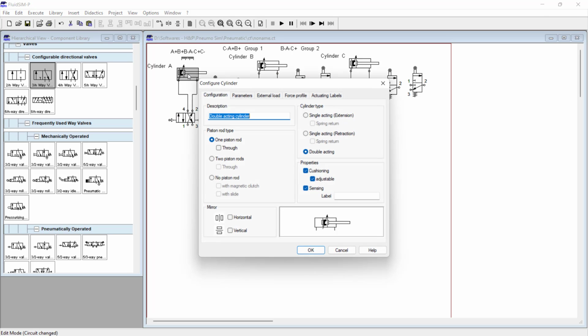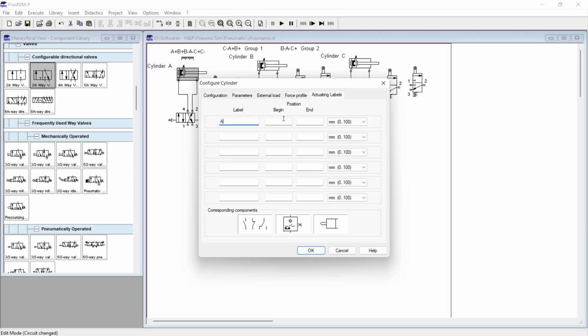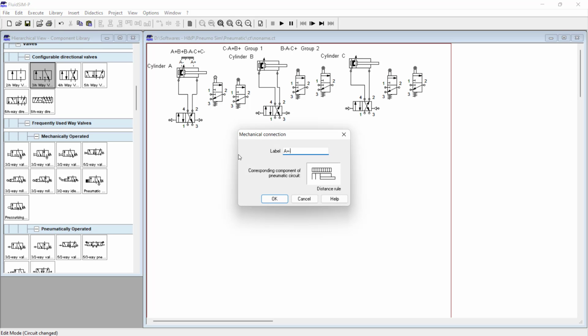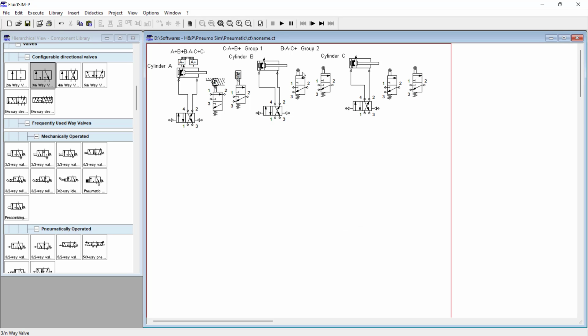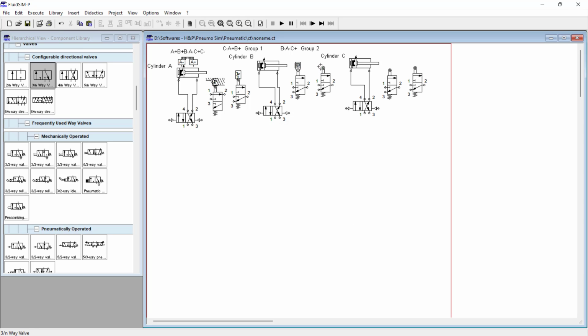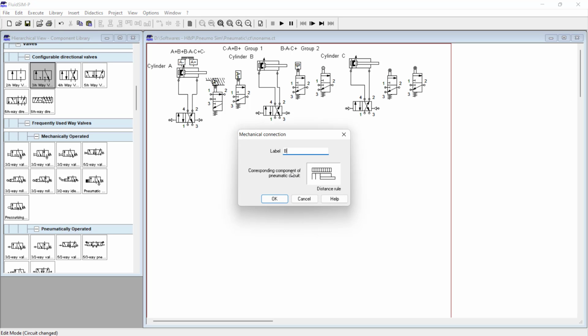Now we define the positions of the cylinders. Stroke length will be 100. Set the limit switch positions in minus, and plus.